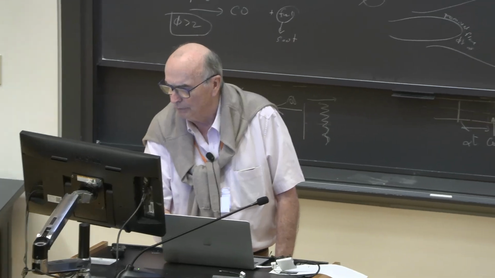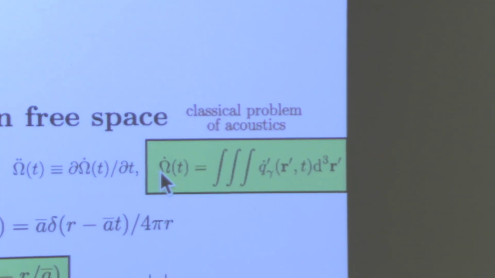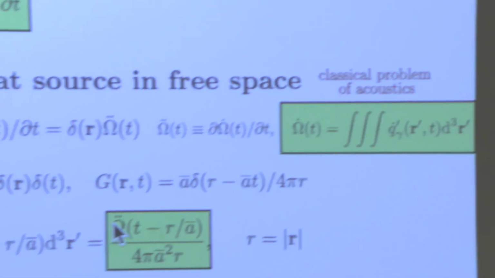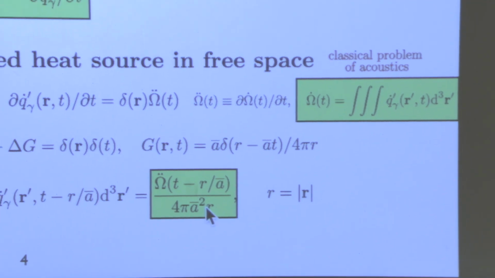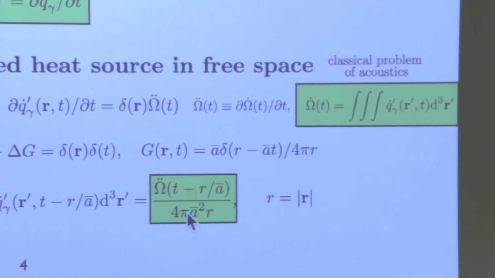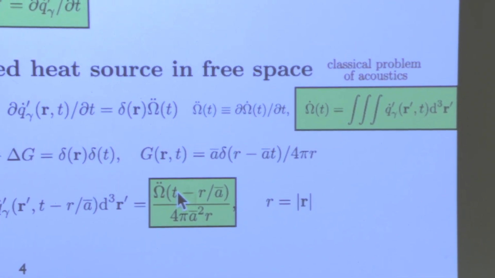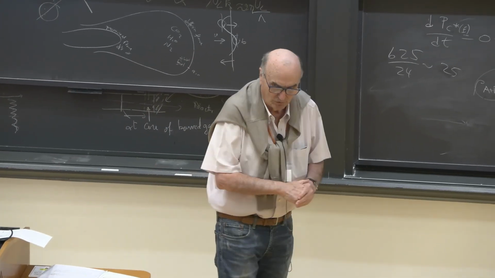This is called omega, the rate of heat release. It is a second derivative in time divided by the radius, and this is shifted by the propagation at the speed of sound.